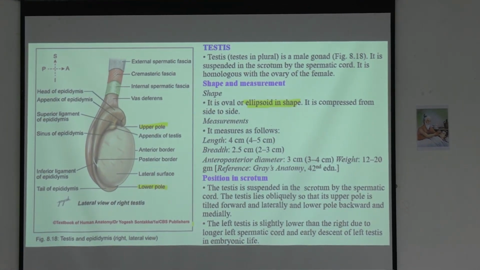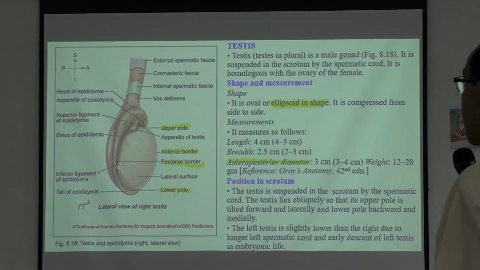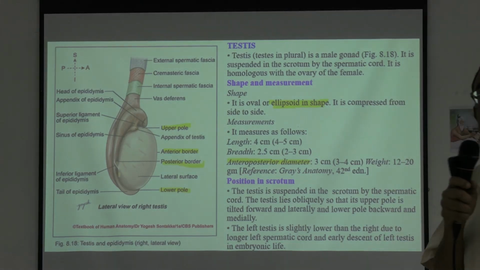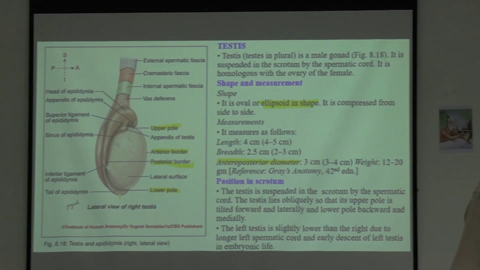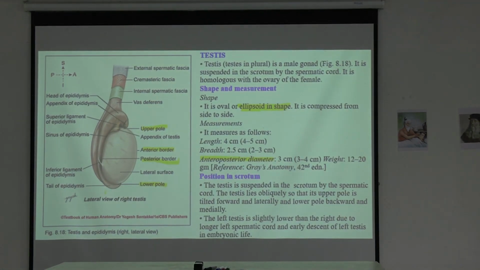The border which is present anteriorly is called the anterior or antero-inferior border. Posteriorly there is another border, the posterior-superior border.